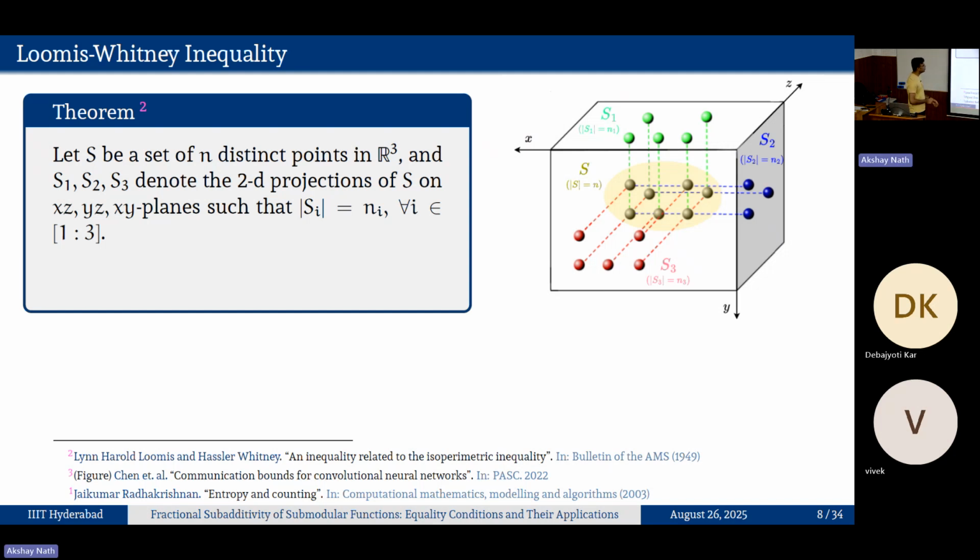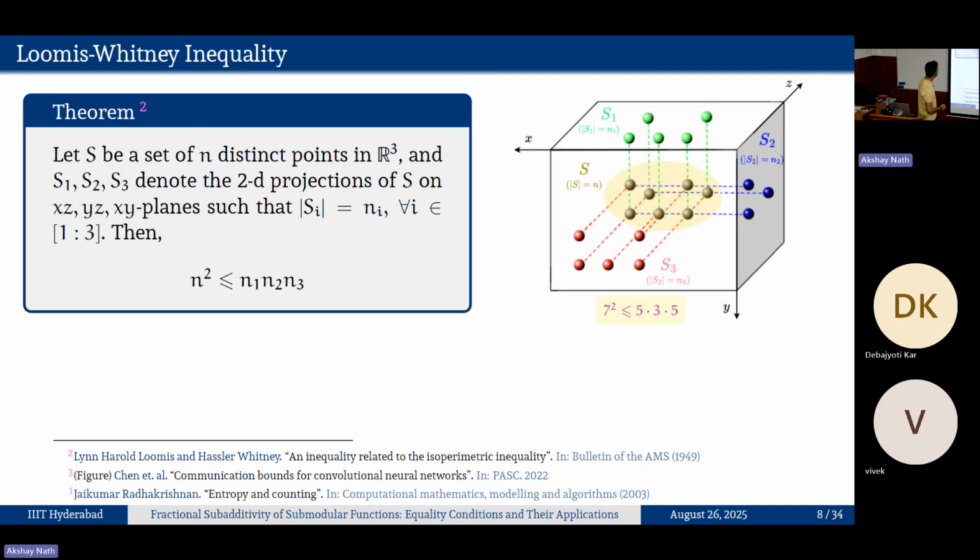If I take these projections, they cast some shadows. Now I want to count the number of shadows on each of these planes, and based on these shadows, get an estimate of how many points you have overall. Suppose I have n points and 3 projections, n1, n2, n3. I want to get an estimate of n with respect to n1, n2, n3.